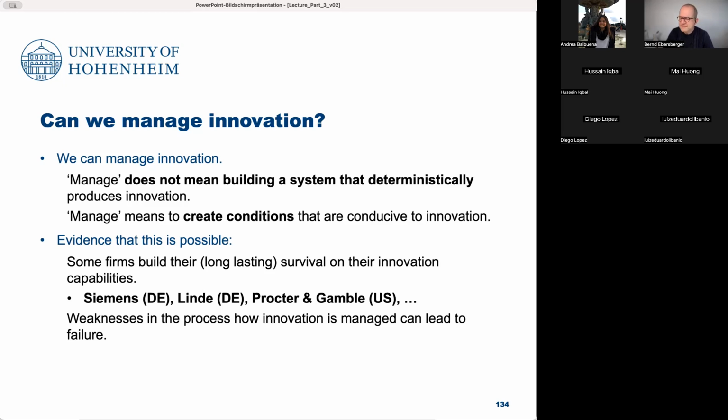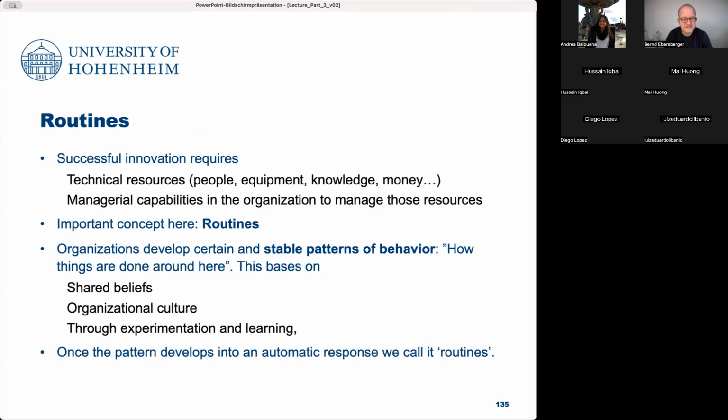So obviously there seems to be something out there that these companies do that helps their long-lasting survival and builds their innovation capabilities.